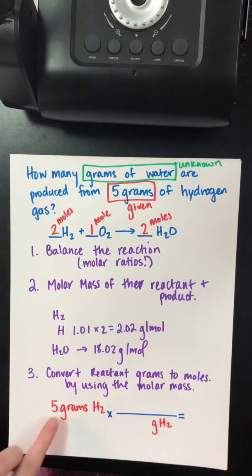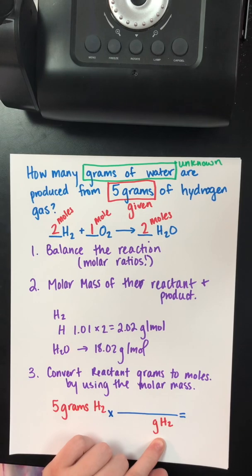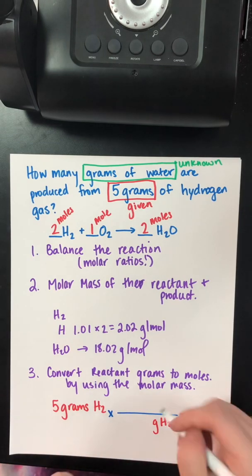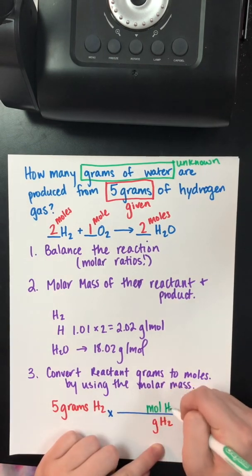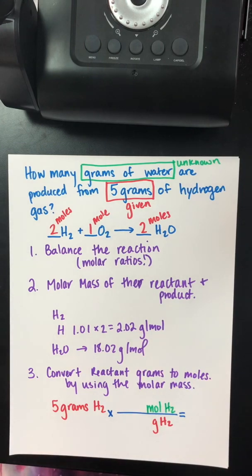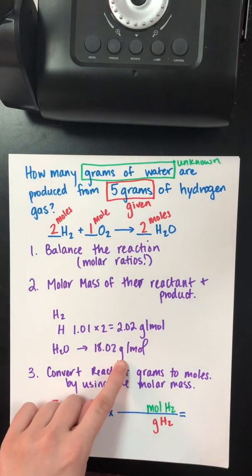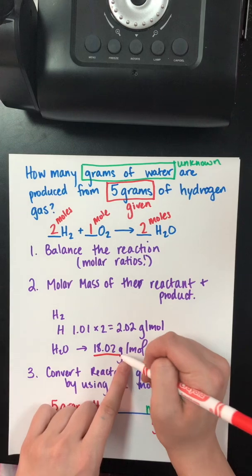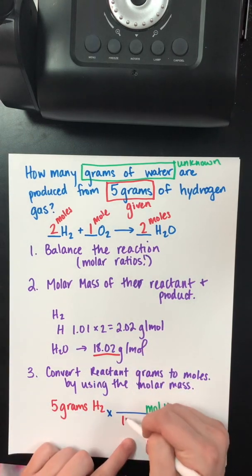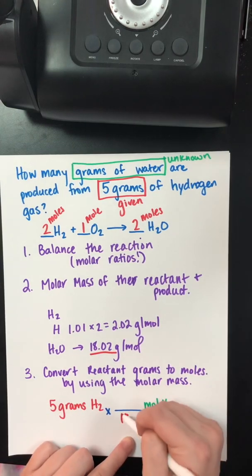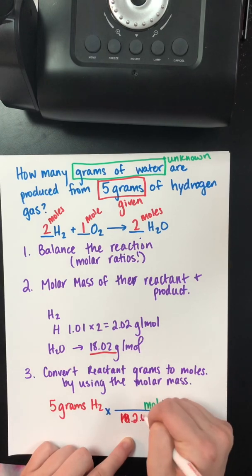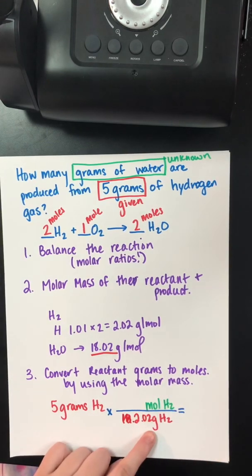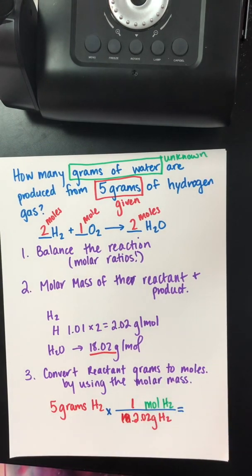Grams of H2 goes on the bottom, so my units match, and my new unit, moles of hydrogen, goes on top. In the molar mass, since the number is next to grams, that is your hint that the 2.02 goes in the denominator. 1 mole on top.